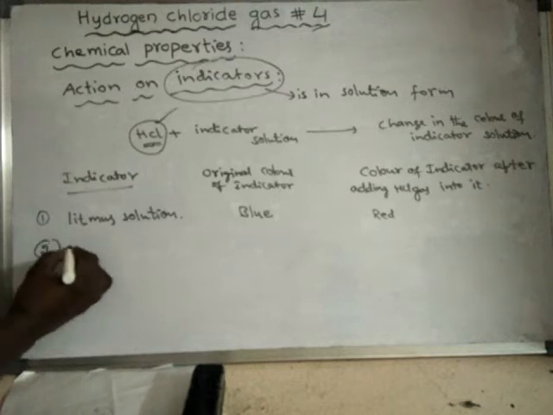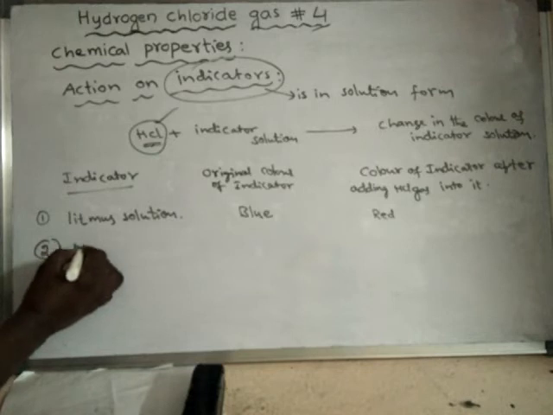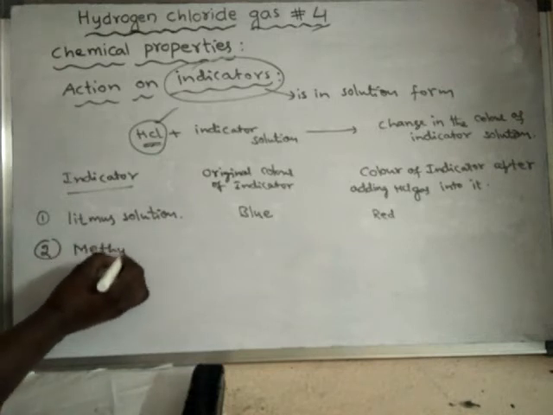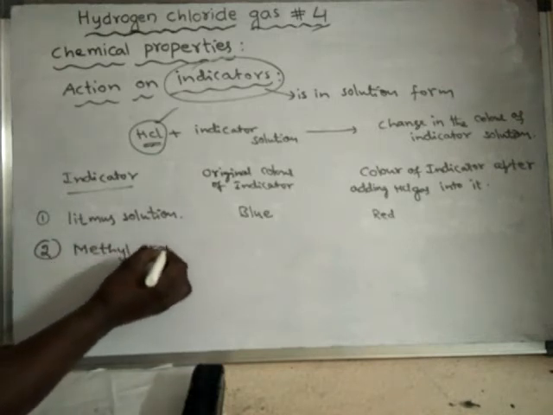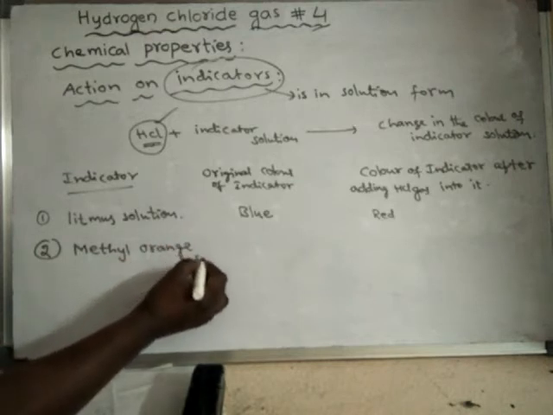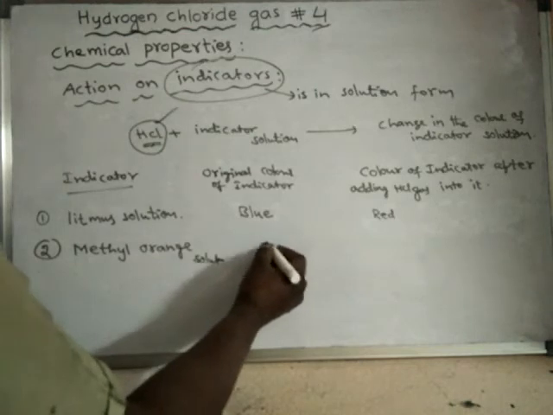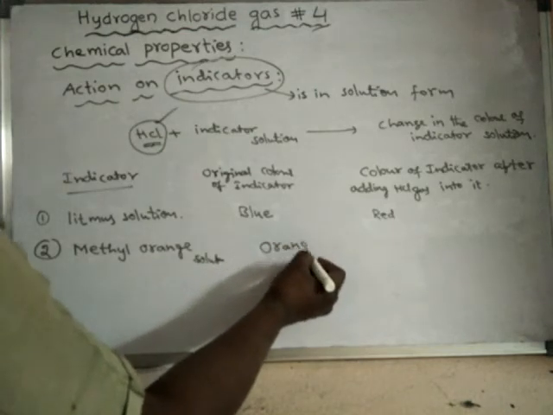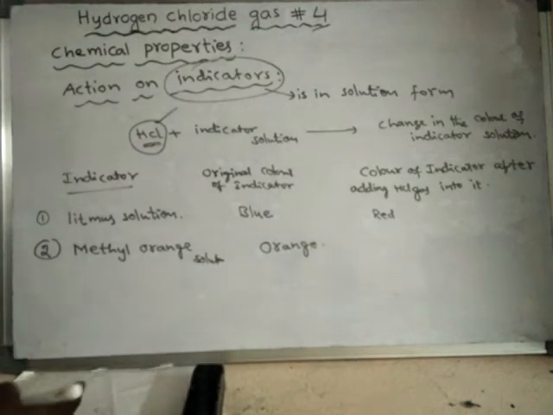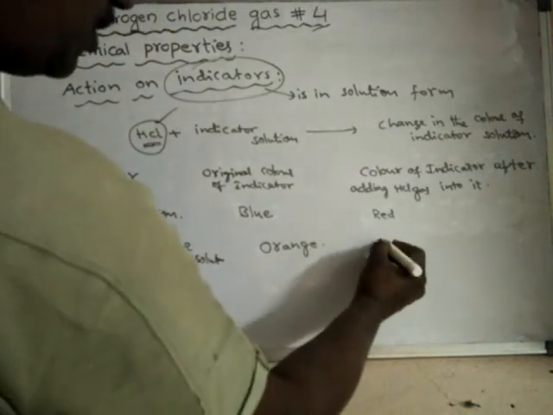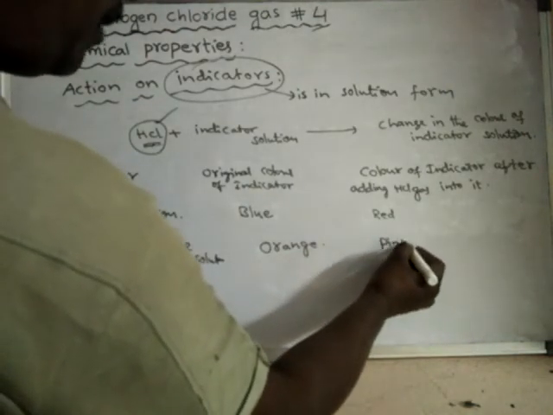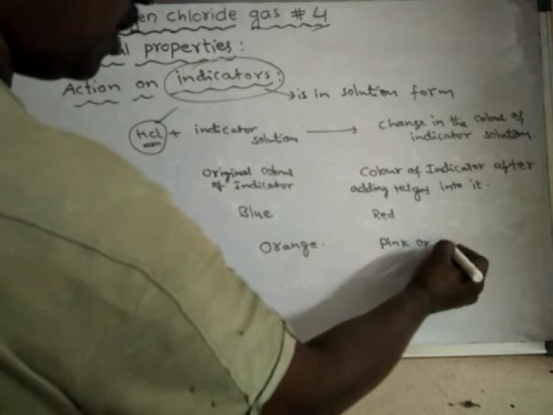Suppose you take methyl orange solution. The original color of methyl orange is orange, but the orange color changes to pink or red.